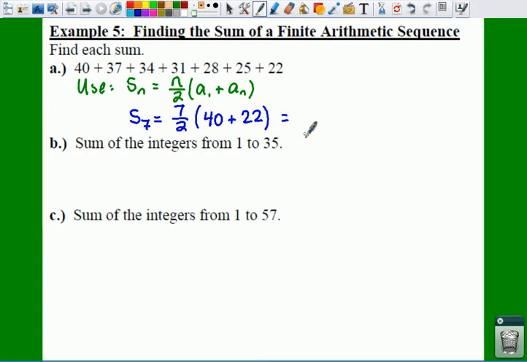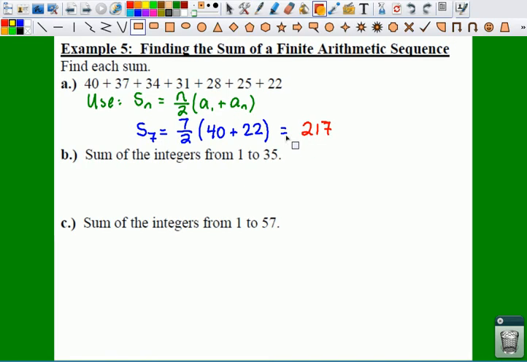So to add all those up without typing them on your calculator, 40 plus 37 plus 34 plus 31, on and on, plug it in this formula, which really, if there's only 7 numbers, it's not that big of a deal to type all those in. But you're going to end up and get a total of 217 is what you should get.